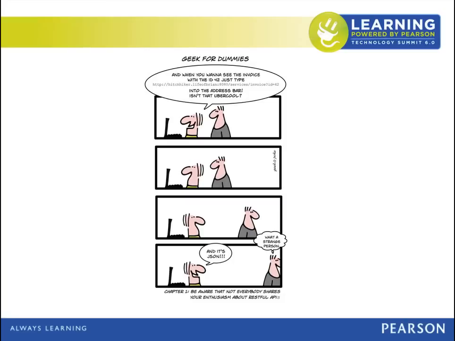Isn't that uber cool?" And he walks away, and it's Jason. "What a strange person." So I realize, I am aware that not everybody shares my enthusiasm about RESTful APIs, but anyway, I'm glad you're all here so that we can spend time together.